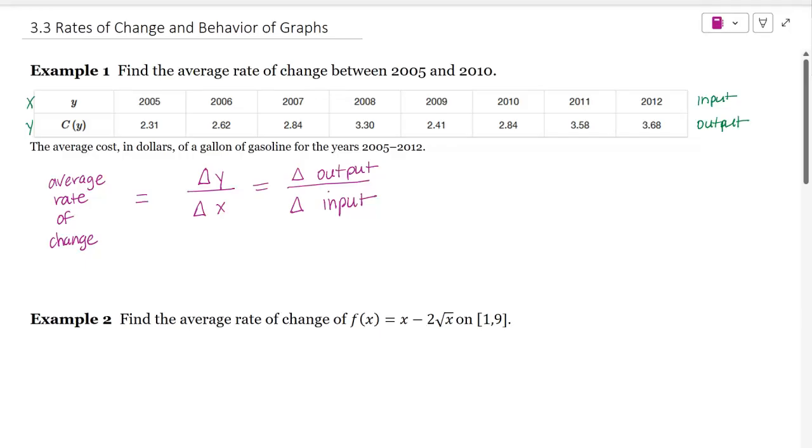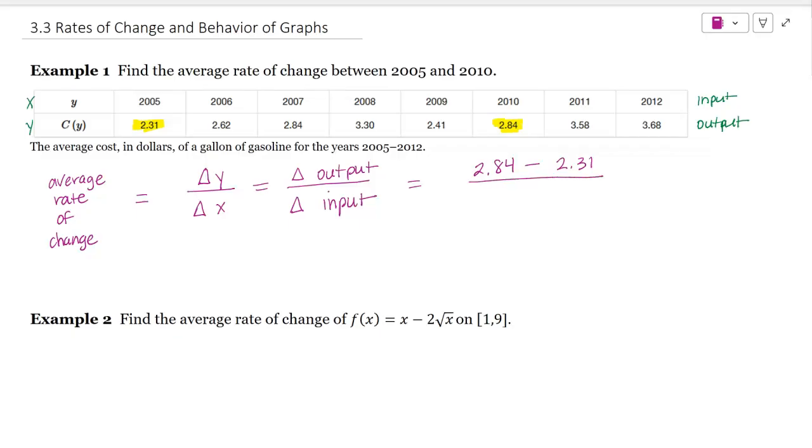So I am going to take the output from 2010. Let's see, that is this value, 2.84, and subtract off the output from 2005, which is 2.31.